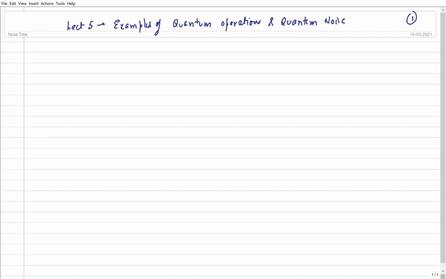So first, look at the problem of energy dissipation from a quantum system. How do we describe it?